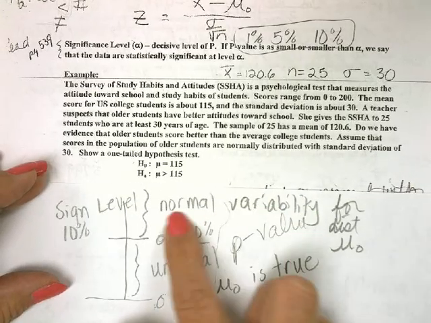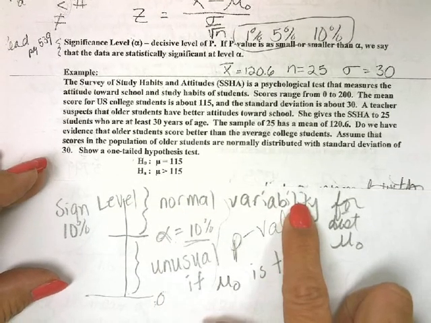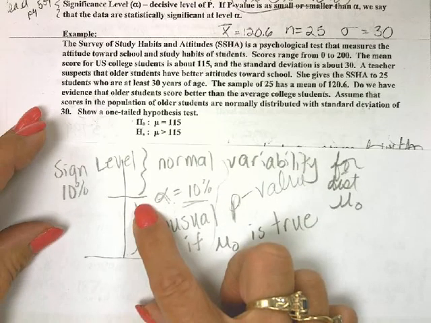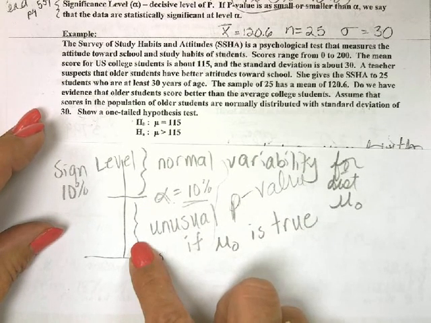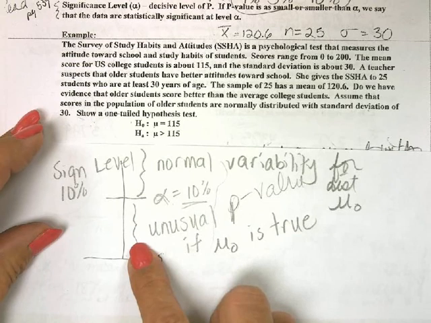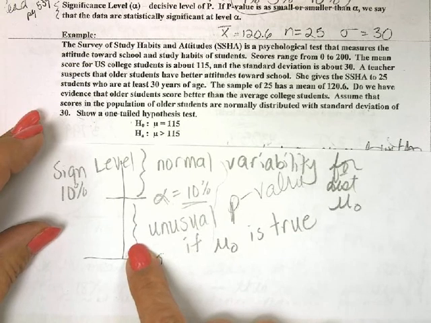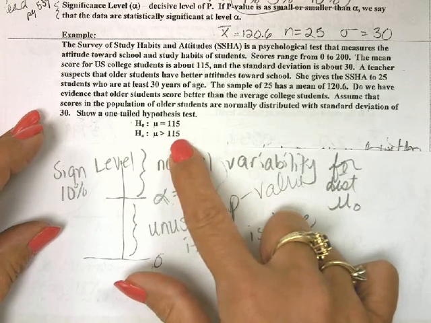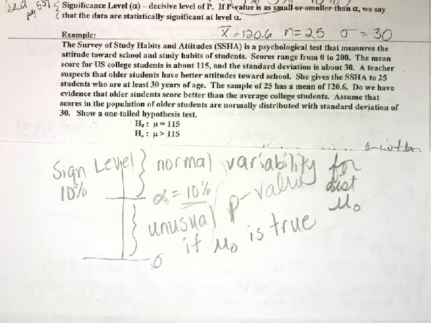That's just normal variability for a distribution. However, if you get a p-value that is less than your significance level, then we would say, yeah, that's unusual. So we would have evidence against our null and think that the alternative is true. So let's turn over.